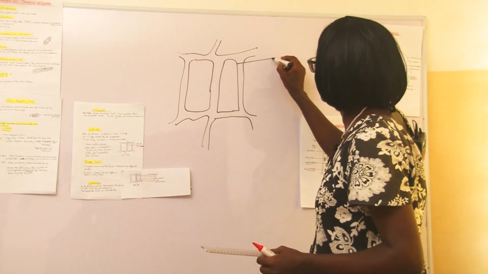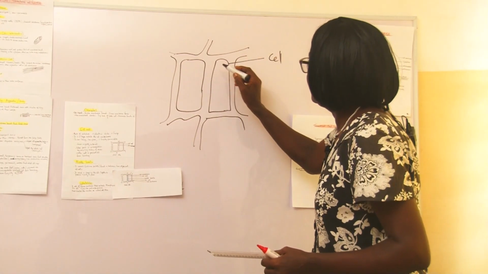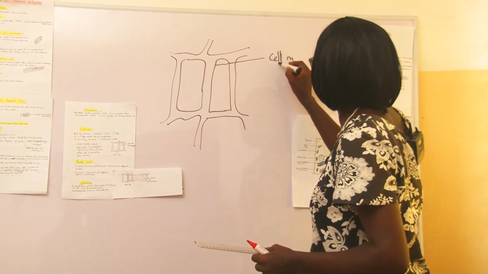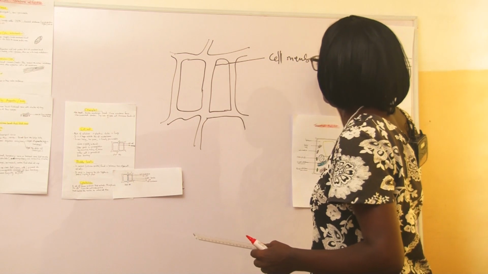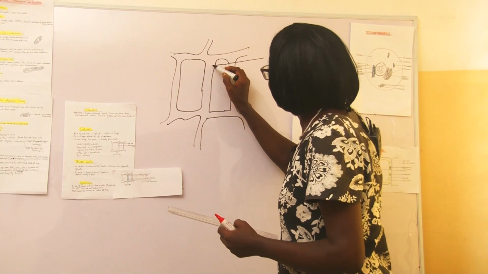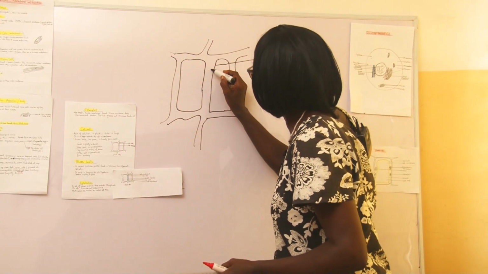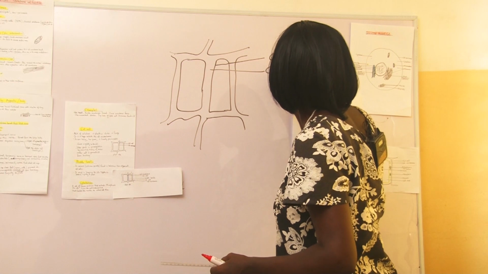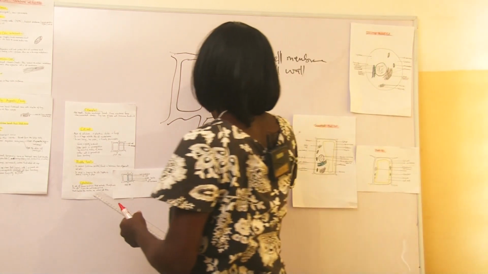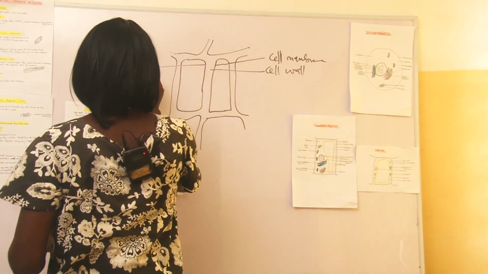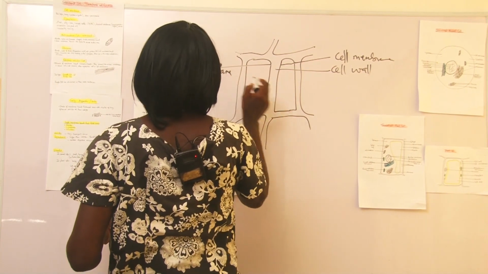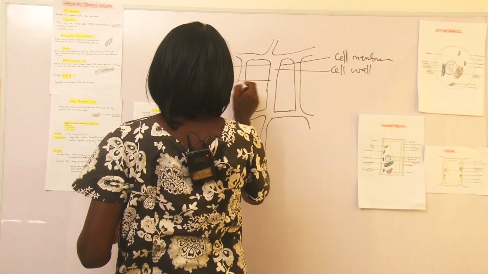Here, this is the cell membrane. This is a cell membrane for this cell, all right? And then the cell wall for this cell is here. Now this cell, here is this cell membrane, and its cell wall is also here.